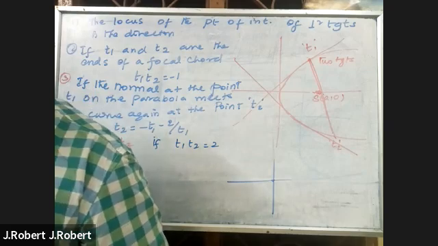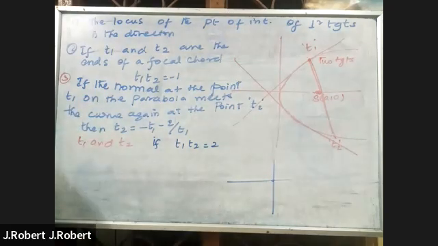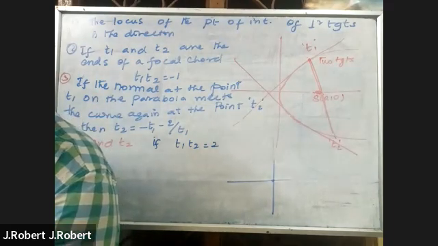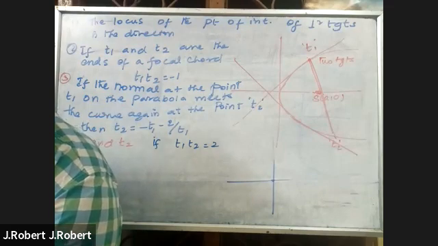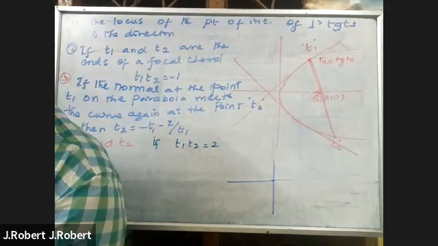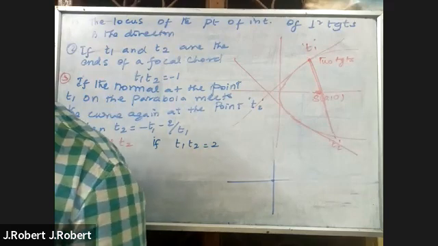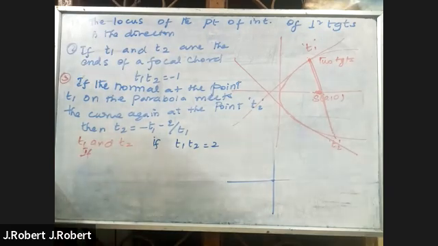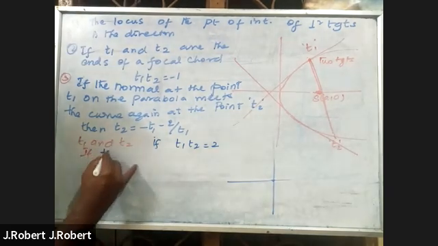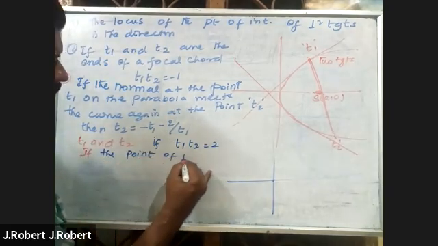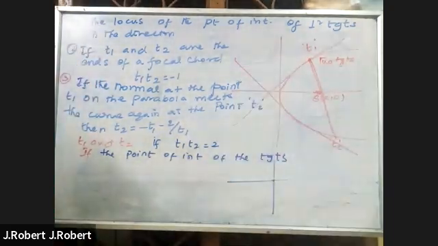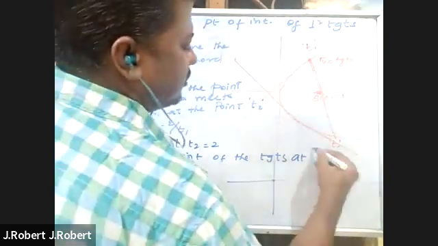The point of intersection of the tangents at two points T1 and T2.